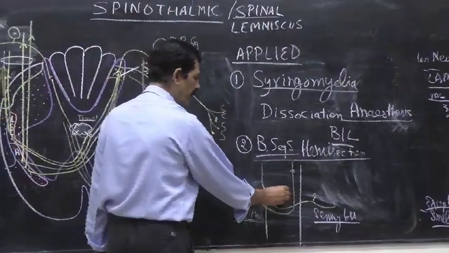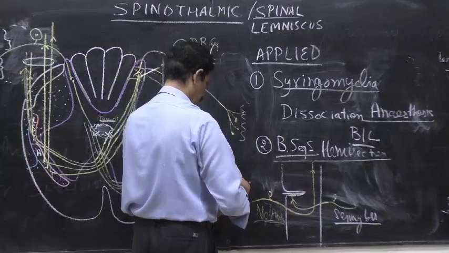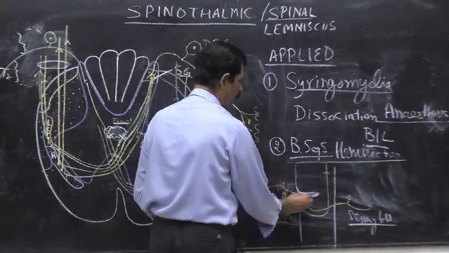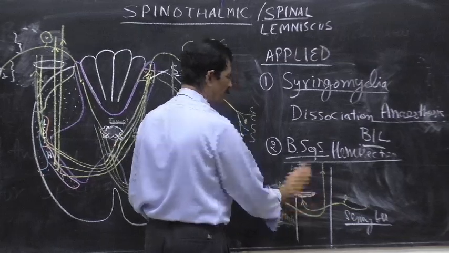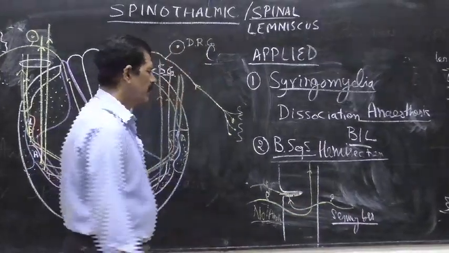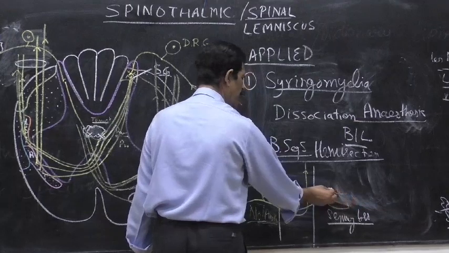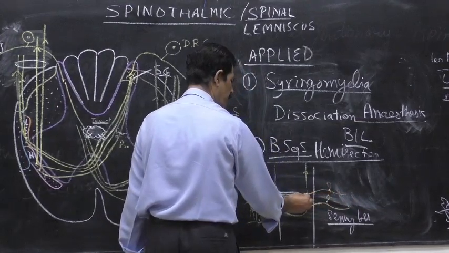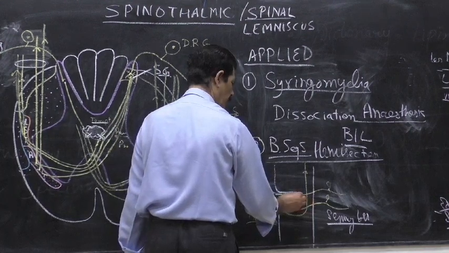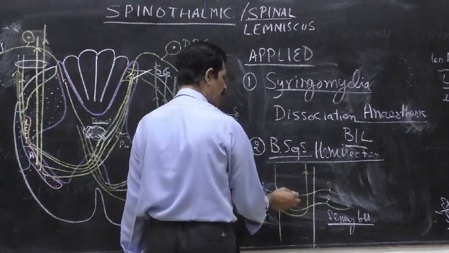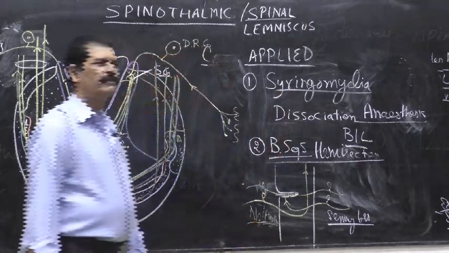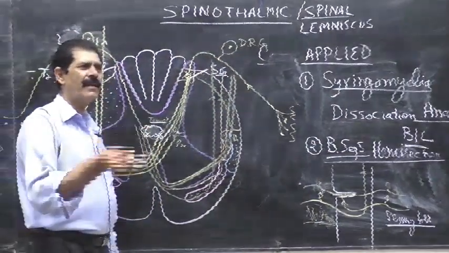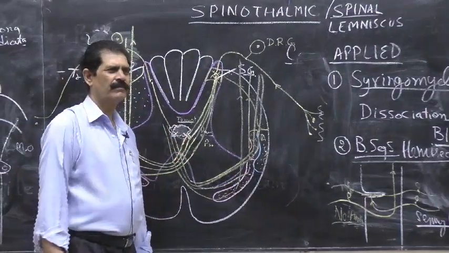And at the site of the lesion, as the fibers are coming here, they have to go to the opposite side, but they are cut. At the site of the lesion, these four types of sensation have to come and cross and then ascend, so they are also lost. So at the site of the lesion, there will be bilateral sensory loss.